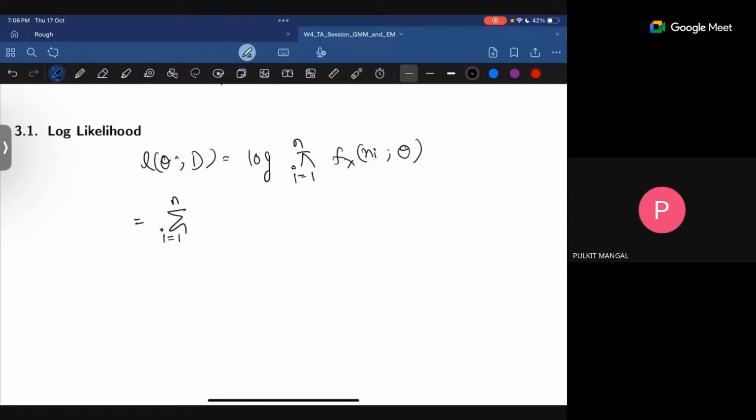From i equal to 1 to n, and the log will go on f of x i given theta.